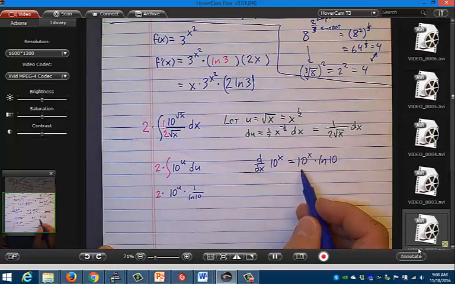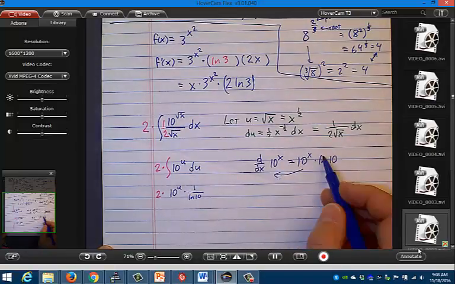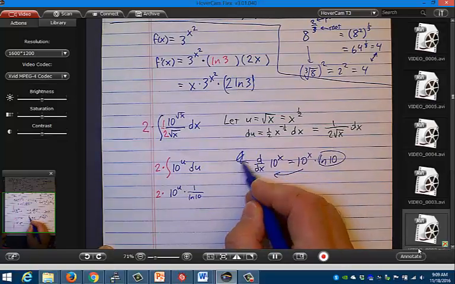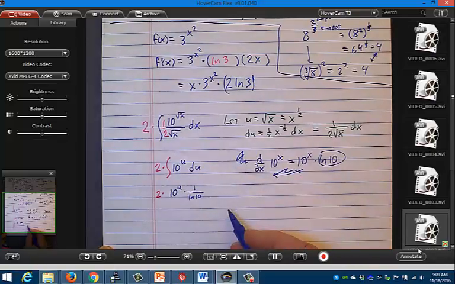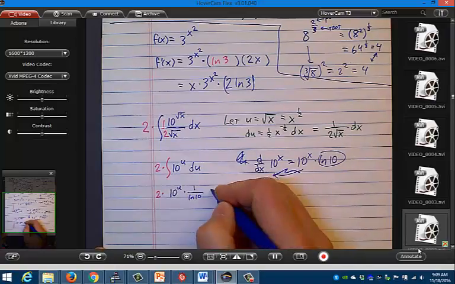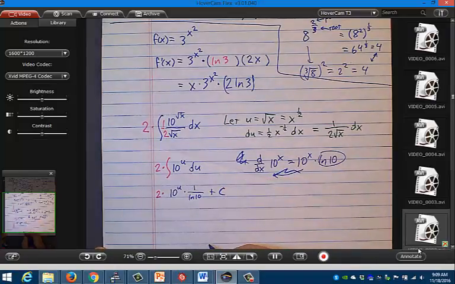So if I'm going backwards, I would divide by ln of 10. Does that make sense? If you multiply by ln of 10 when you take the derivative, you're going to divide by ln 10 when you take the antiderivative. Because if I check my work, then the ln 10s will cancel. I'll get back where I started.